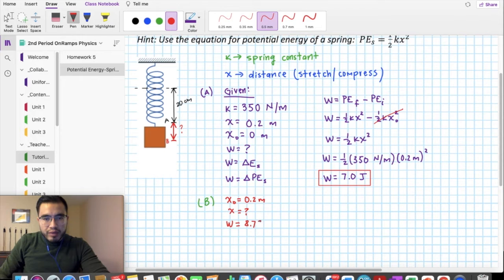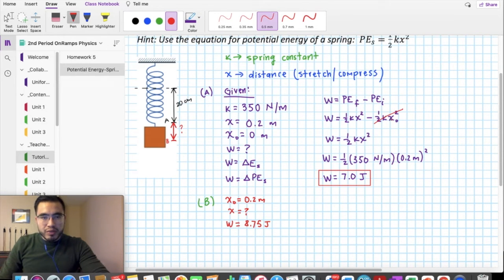And I could find x by using this equation, right? Because the spring constant is the same. But the math is a bit more complicated if you do it that way. Not that much, but just a little bit. So I'm going to show you a different way. Again, both of them work.